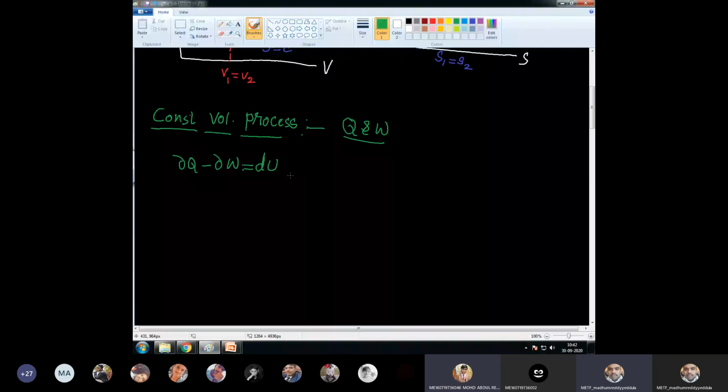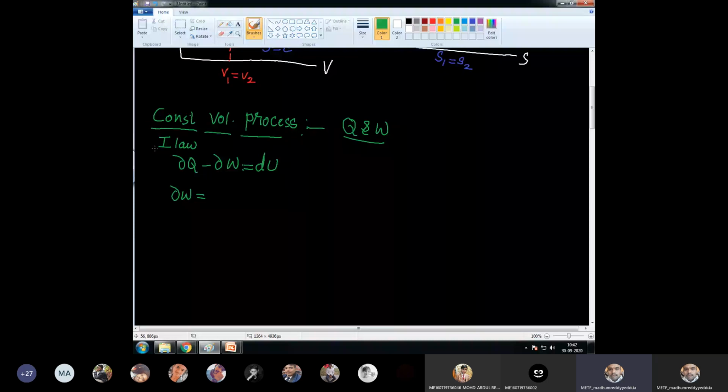Again, for a non-flow process, or for a closed system, dou W is equal to, can anyone tell me? From the first law, we know dou Q minus dou W equal to dU.